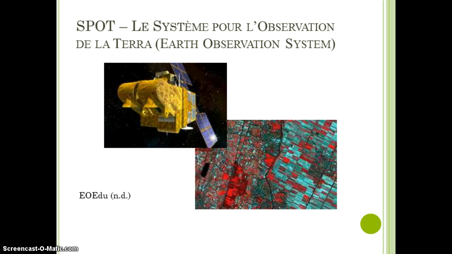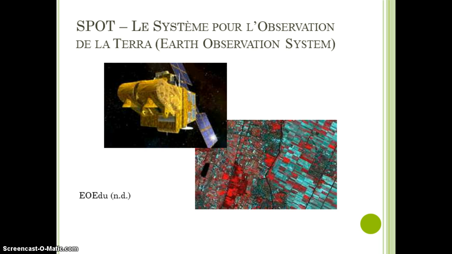IRS-1A carries two cameras with resolutions of 73 meters and 36.25 meters, and a swath width of about 140 kilometers during each pass over the country. The IRS-1A mission was completed during July 1996 after serving for 8 years and 4 months.